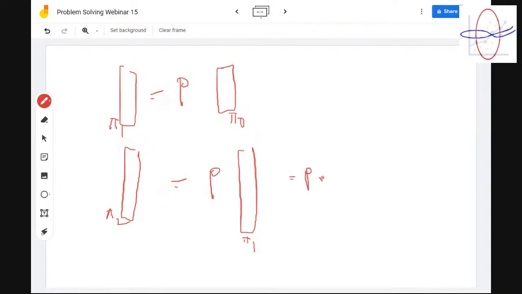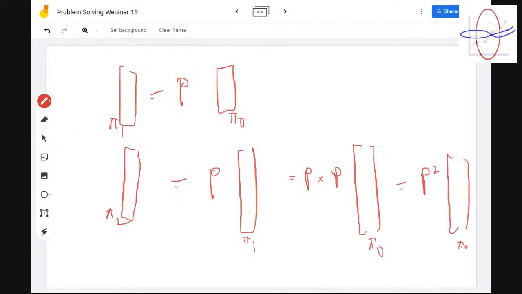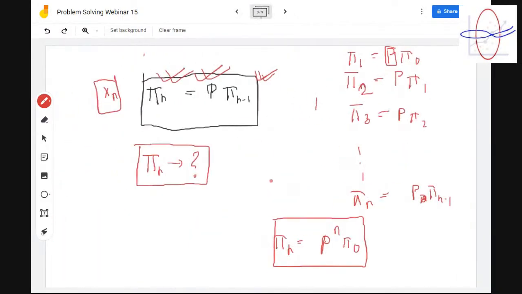Similarly, pi 2 is P times pi 1. If you replace pi 1, it is P times P pi naught, so pi 2 is equal to P square times pi naught. If we keep on doing this by induction, we can show that pi n is equal to P to the power n times pi naught. Did you understand this now?